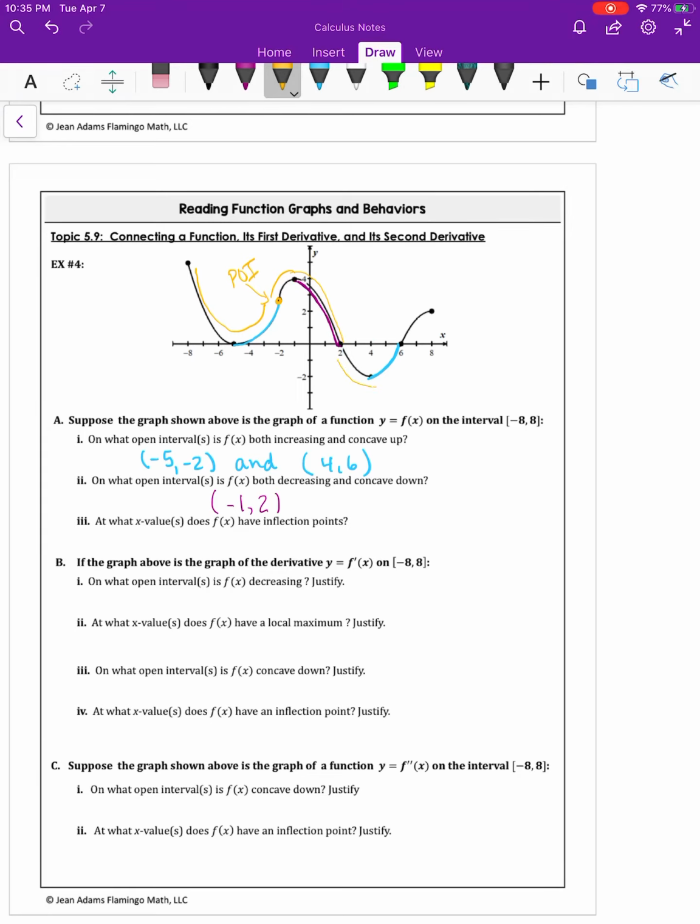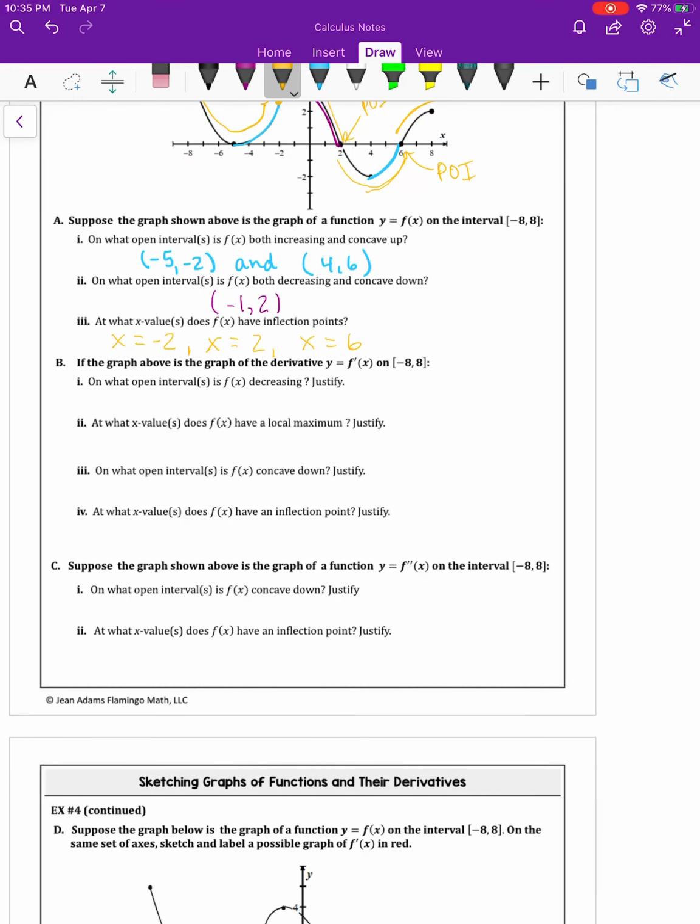Then we've got concave down, and then all of a sudden concave up, so this one is a point of inflection. And we've got concave up, and then concave down, so that one is a point of inflection. So at what x values? That would be at x equals -2, x equals 2, and x equals 6.